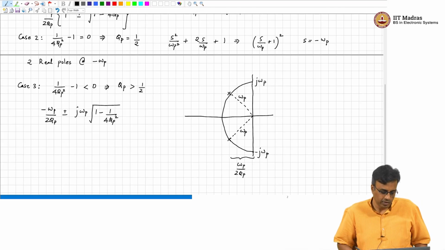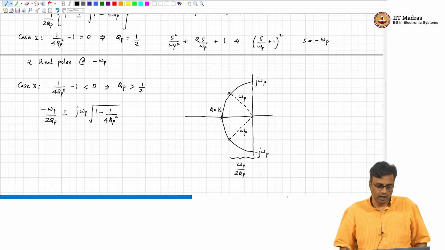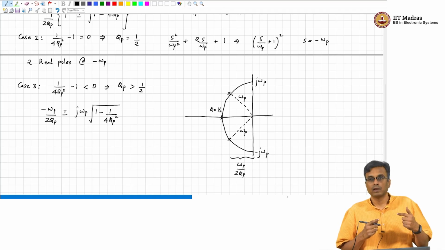Now, this is what happens with Q, and this point corresponds to Q equal to half. If you have Q just a little bit greater than half, the two poles will be there. As Q keeps increasing, the poles will move along the circle, and as Q becomes higher and higher.